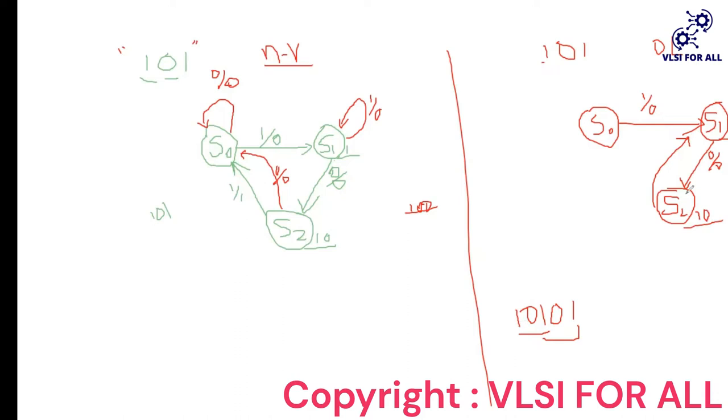So next, when we have 1 0 and we want 1 back, it can again come from 1 0, right? After S1 state, when input 0 is given, it will again come back to S2 state. So we'll get two sequences, this is for overlapping. And then here, when we get input as 0, it will go back to the initial state.